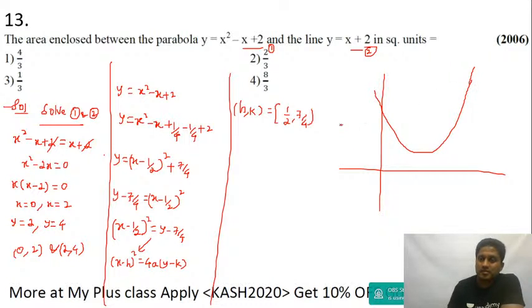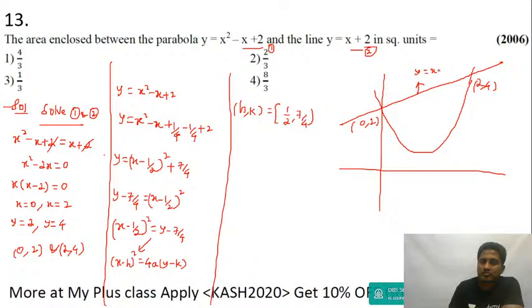And the points of intersection were 0 comma 2 and 2 comma 4. This is the line y is equal to x plus 2, and this curve is y is equal to x square minus x plus 2. This is the area I am supposed to find out.